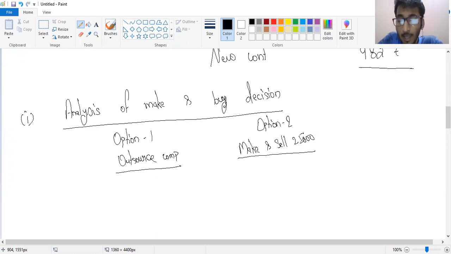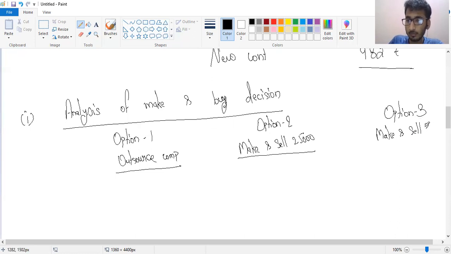Why am I reducing my selling price? I'm reducing my selling price just to sell another 5,000 units. And this 5% is reduced on an overall basis. So option three is make and sell 30,000.